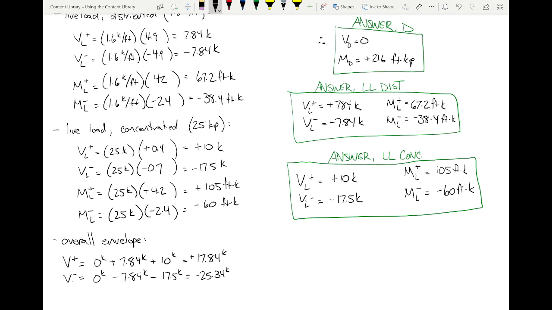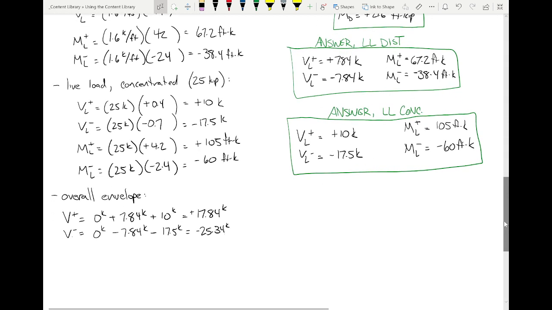What about moment? Moment is the dead load moment, which is everywhere. Here, let's shorthand that a bit.